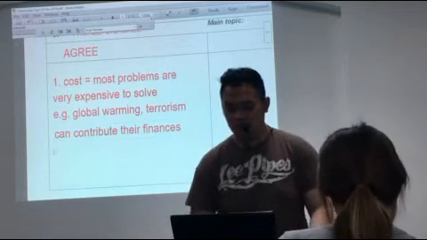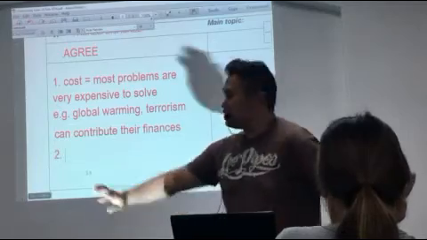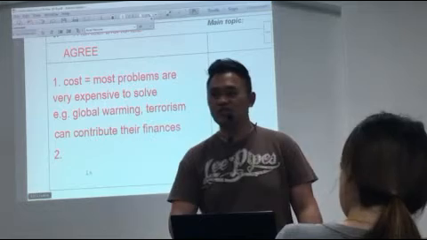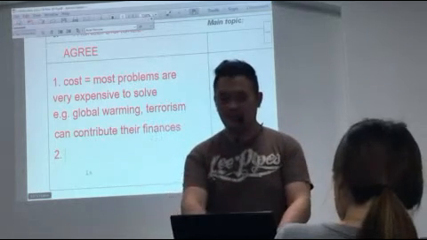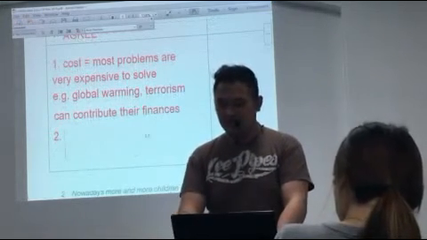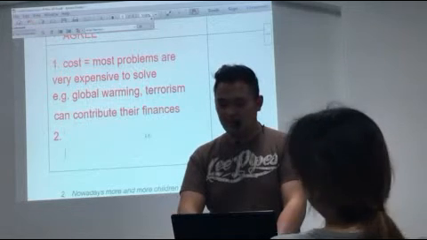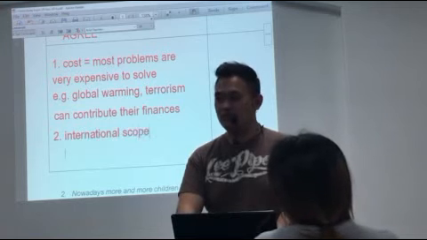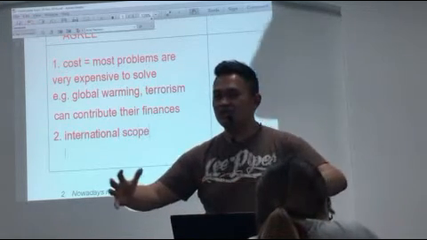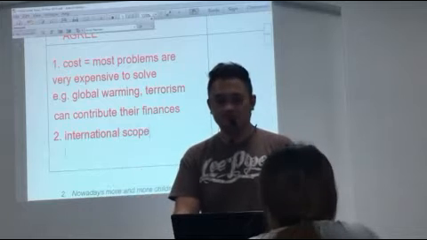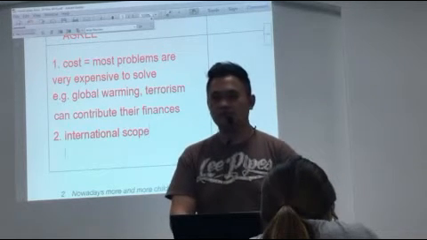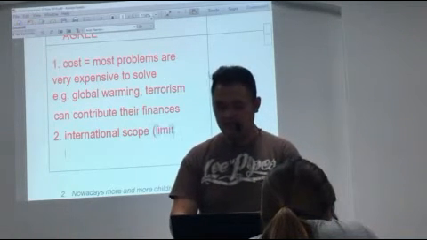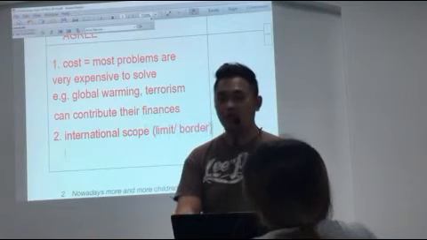What about number two? What is another reason? This could be your first reason. I don't want to talk about cost. What could be another point? You could say that the problems in the world are of international scope. What does scope mean? Limit or border.